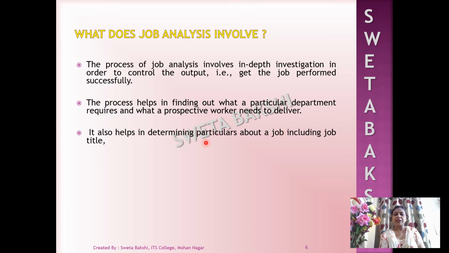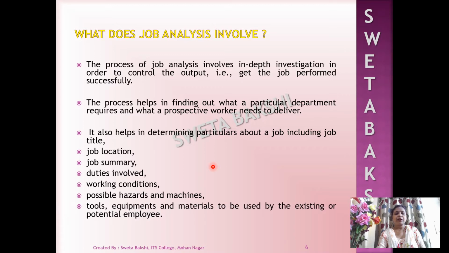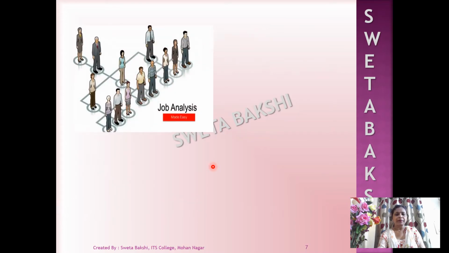It also helps in determining particulars about the job including job title, job location, job summary, duties involved, working conditions, possible hazards and machines, tools and equipment and materials to be used for the existing or potential employees.